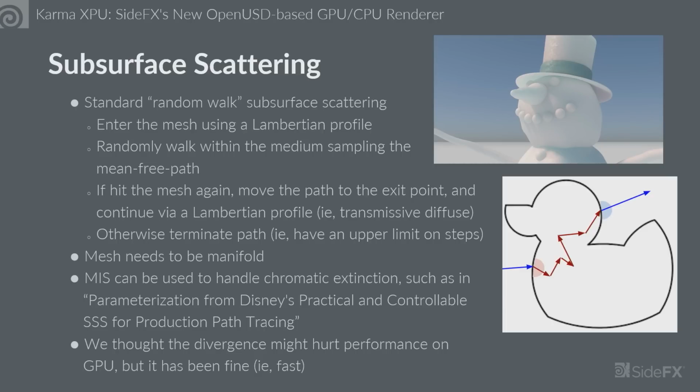If we hit the mesh again, we move the path to the exit point and continue, again via a Lambertian profile, seen as this blue semicircle. Otherwise, we terminate the path, so we have an upper limit on the number of steps we can take. The mesh should be manifold. Multiple importance sampling can be used to handle chromatic extinction, such as in this Disney paper. We thought divergence might hurt performance, but it's been fast in practice, so we're very happy with the result.